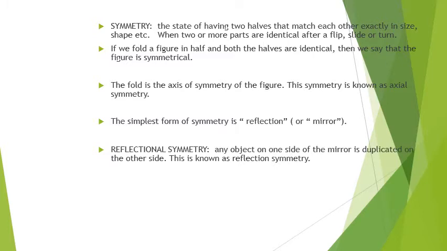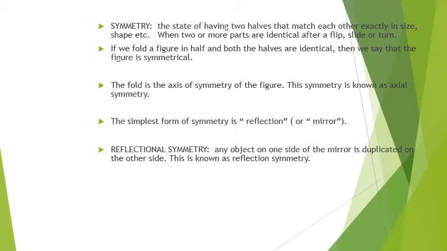Now, what is reflectional symmetry? An object on one side of the mirror is duplicated on the other side. This is known as reflection symmetry. For example, children, when you stand in front of the mirror, what do you see? You see yourself in the mirror.